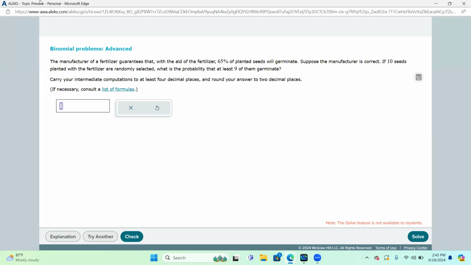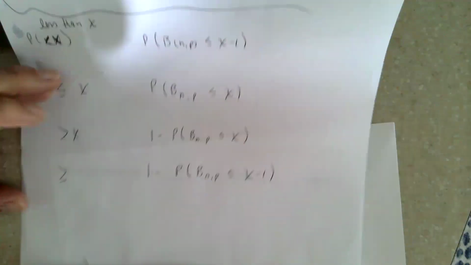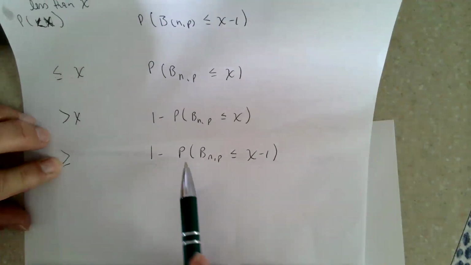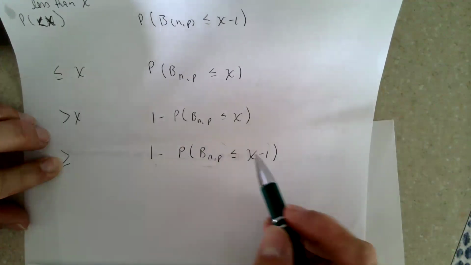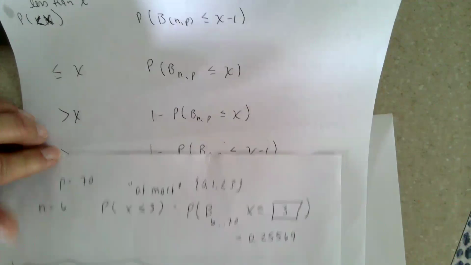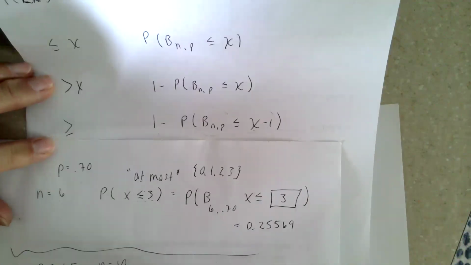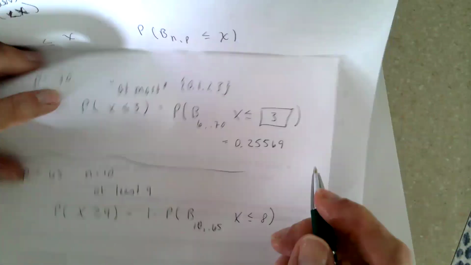And so we are using, I'm going to just share with you my paper here so that you can see. So at least is greater than or equal to, so we're using 1 minus because we want to get rid of everything below 9. So we're going to take 9 minus 1. So 1 minus the probability of the binomial of 10, 0.65, and then X is less than or equal to, and it's X minus 1, so that's going to be 8. 9 minus 1.